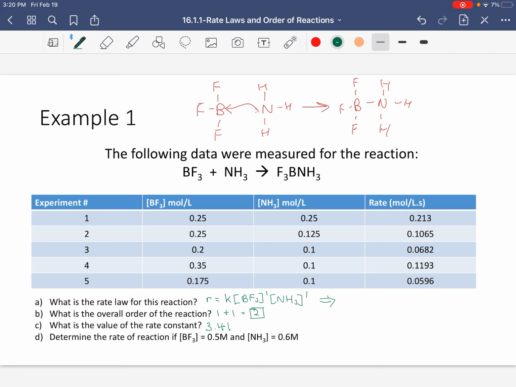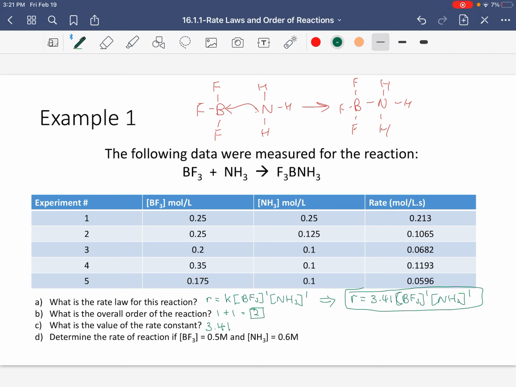So let's fix part A. That rate is equal to 3.41 times BF3 to the 1 times NH3 to the 1. This is a complete rate law expression for this reaction. All right, we can do part D. Part D is a very nice question.